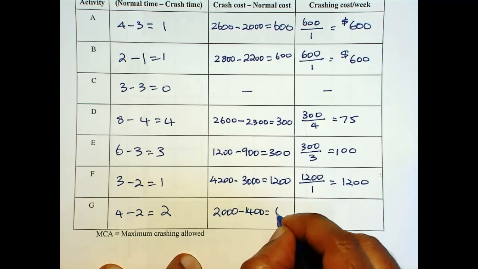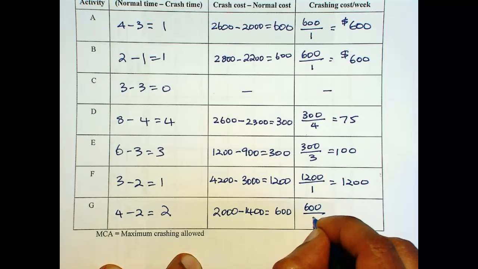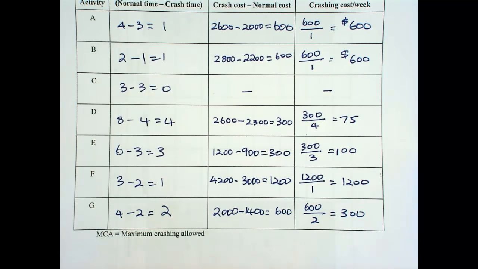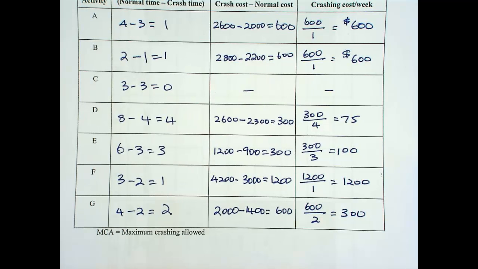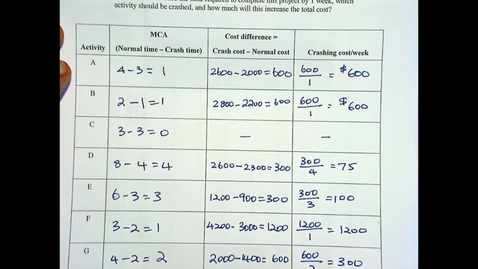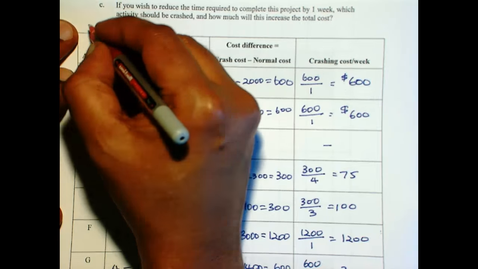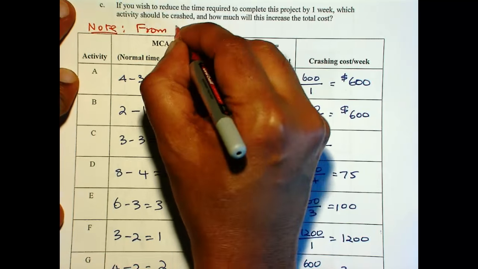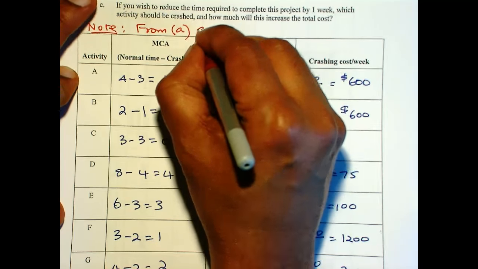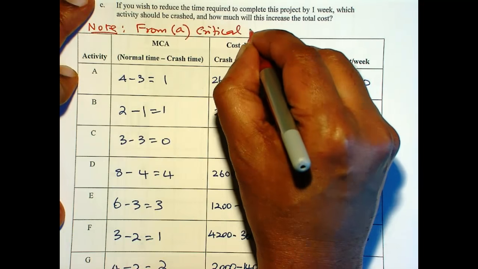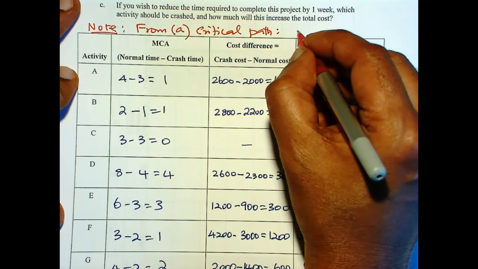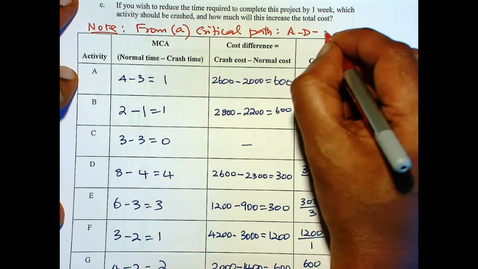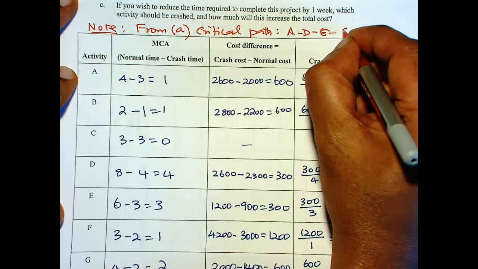So first thing to do at this point is to identify the critical path activities. So critical path is A, D, E, and G. So those are the activities you really should look at.